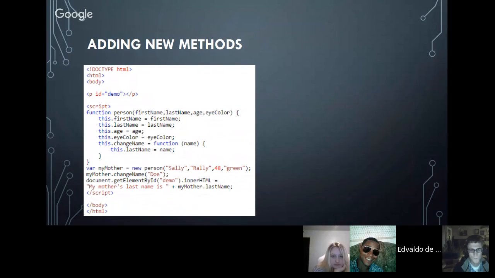We create a new variable called myMother, and we call the other function called person. We have the method used here, and this code will answer for us: my mother's last name is, in this example, Riley.